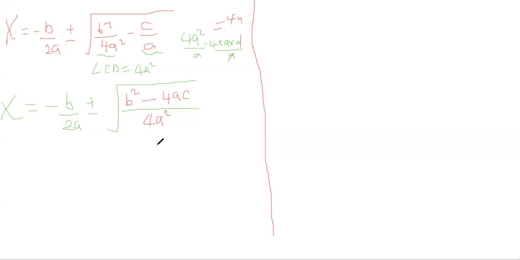So we keep going further. x equals to, we bring down our minus b over 2a plus or minus. So here we will find the square root of it already, but not the one. We find the square root of the numerator.